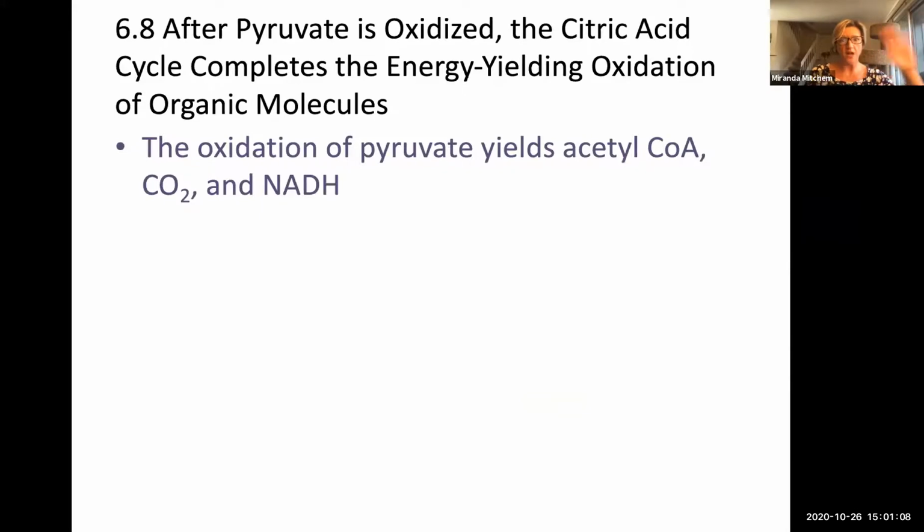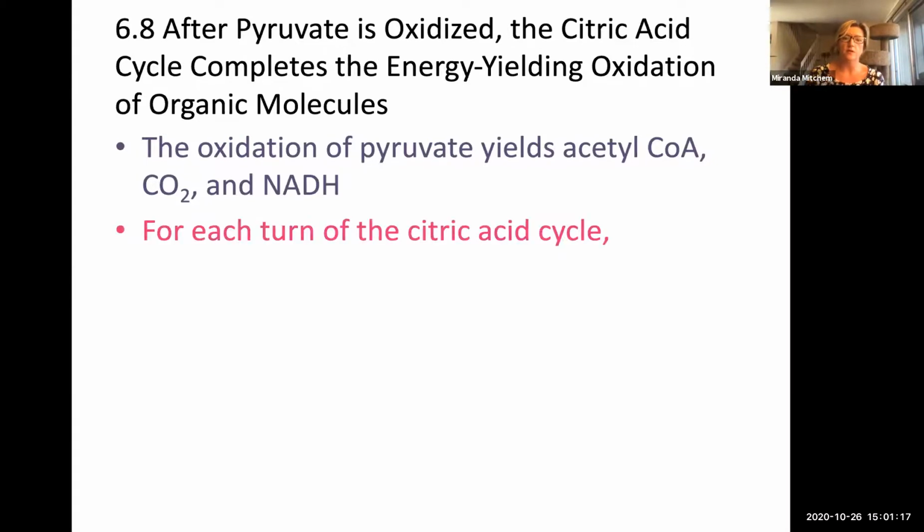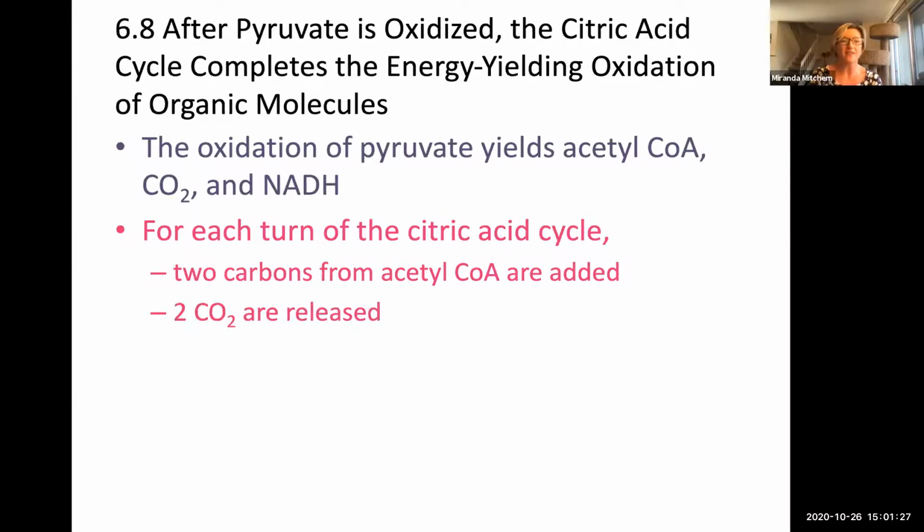So when we oxidize pyruvate, we get that acetyl-CoA, the carbon dioxide, and then the reduced shuttles. So for each 1 turn of the citric acid cycle, we have 2 carbons that add together with CoA to make acetyl-CoA. 2 carbon dioxide molecules are released, 1 from each pyruvate.